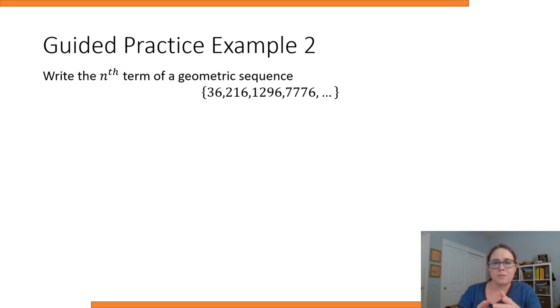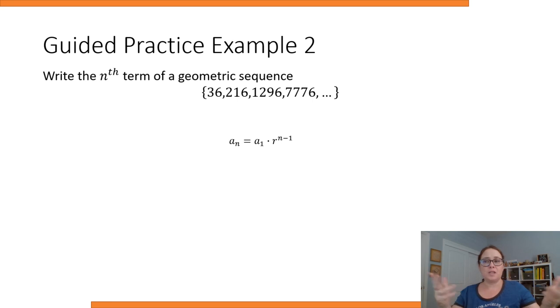So here, my sequence is 36, 216, 1296, 7776, and so on. I know it's geometric, so I know I'm going to use that formula, an equals a1 times r to the n minus 1. So I know a1 is 36. That's the first term of the sequence. I just need to figure out what r is. What is being multiplied each time to each term to get the next one?